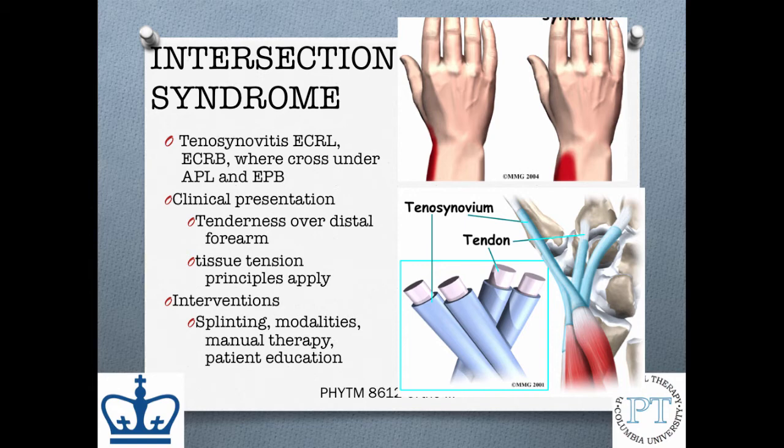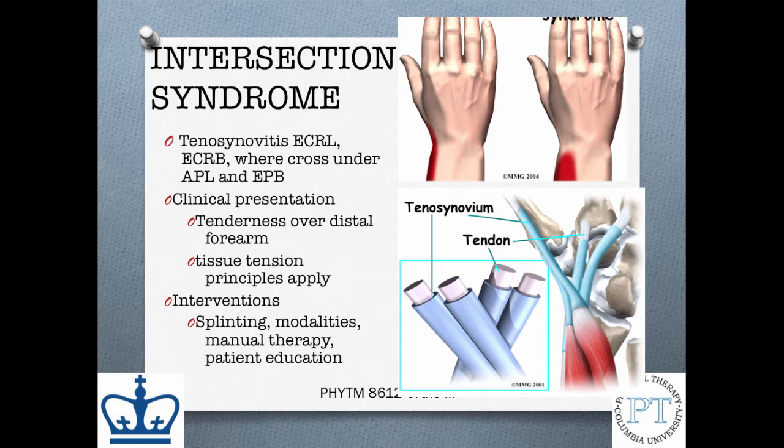So there's tenderness over the distal aspect of the forearm. This tenderness is a little bit more on the medial side of the distal aspect of the forearm, whereas for DEQUERVAIN'S, it is definitely on the lateral distal aspect of the forearm. So again, we could also apply the same selective tissue tension.